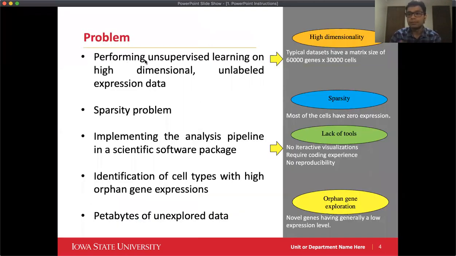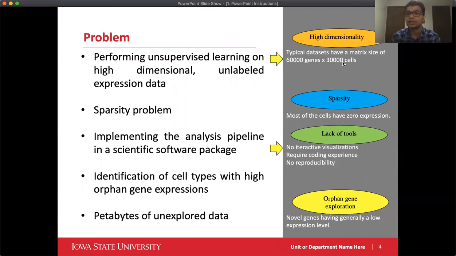And the problem we are trying to solve, basically there are multiple problems, and the first one is performing unsupervised learning on this high dimensional unlabeled expression data. So typical sizes are 60,000 genes and 30,000 cells.